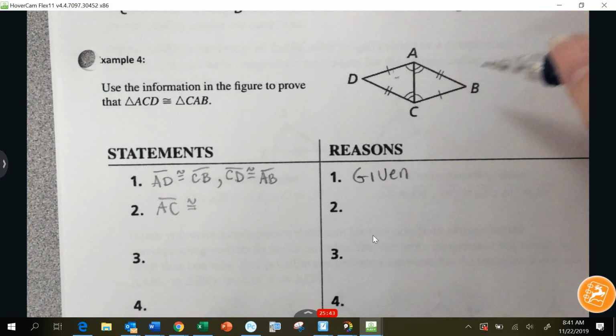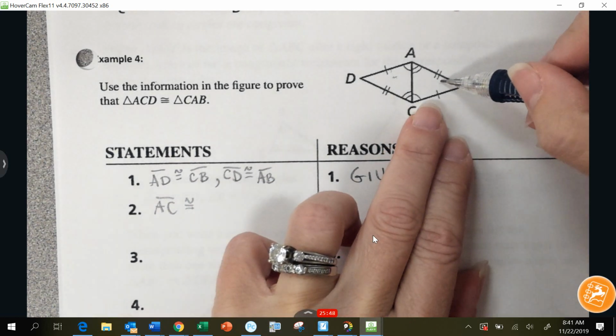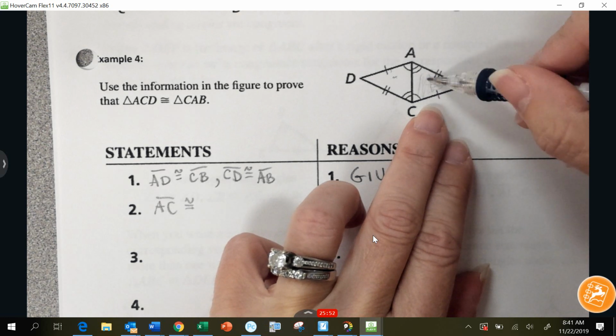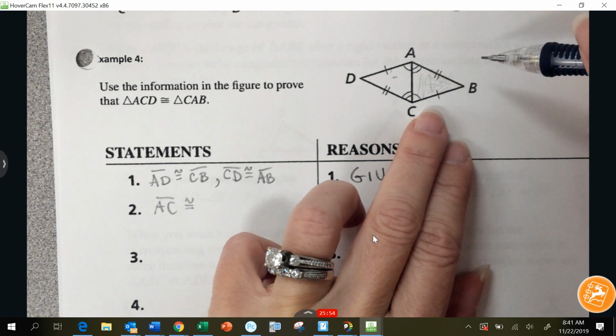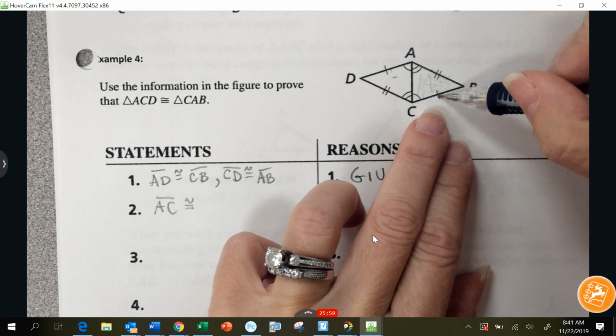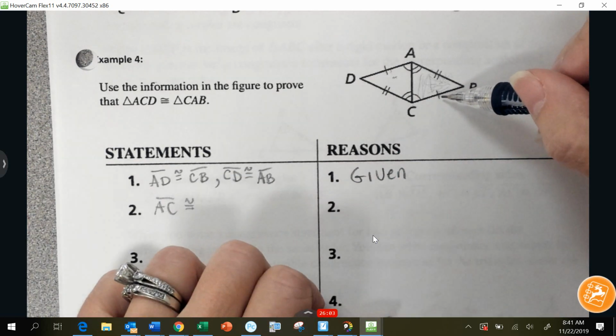Now, what's the third side on this triangle? Jay, what's the third side on this triangle? Well, that one's marked, so that one I already wrote CB. I wrote it as CB, but BC already wrote.